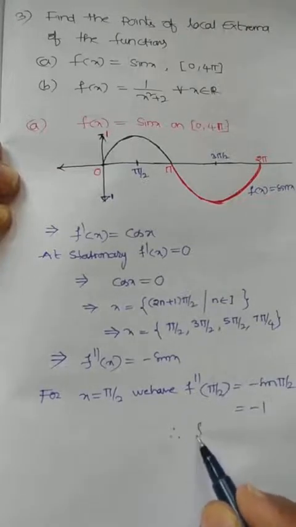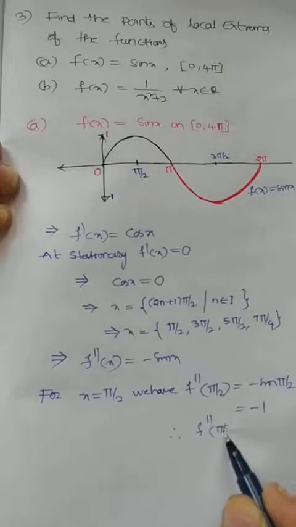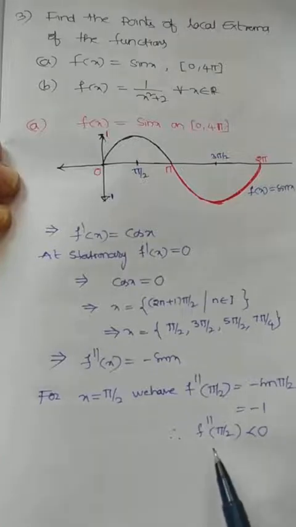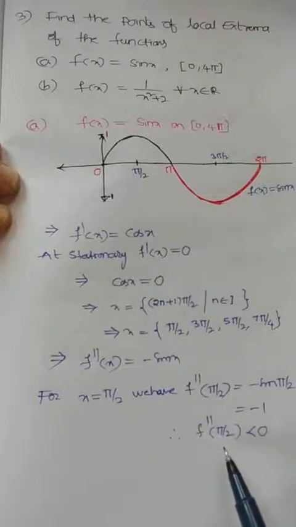Therefore f double dash of pi by 2 is minus 1, which is less than 0. So what conclusion can we make here? Whenever f double dash of x is negative, at that x we have a maximum value for the given function.